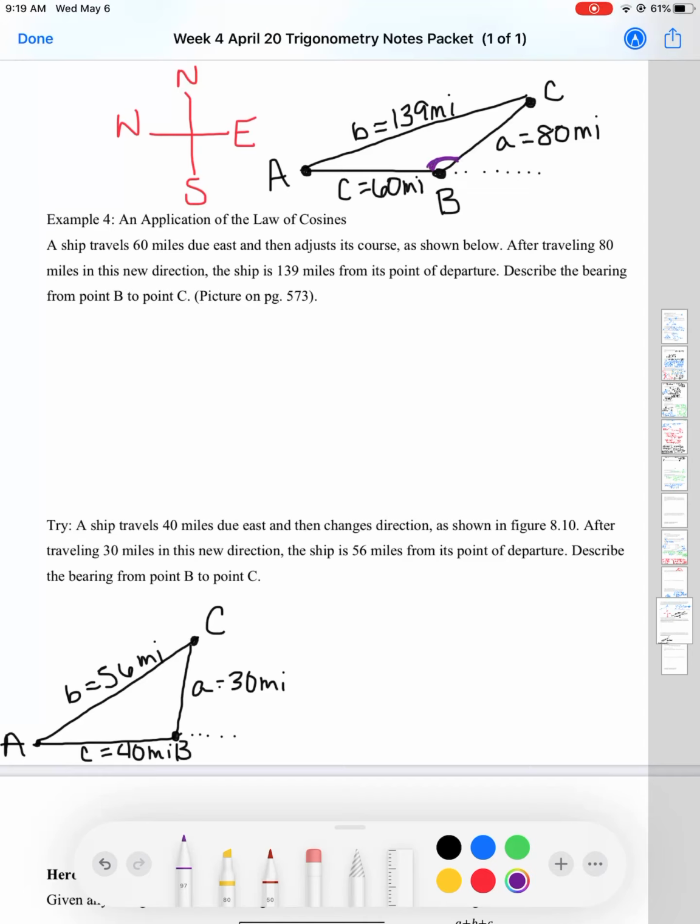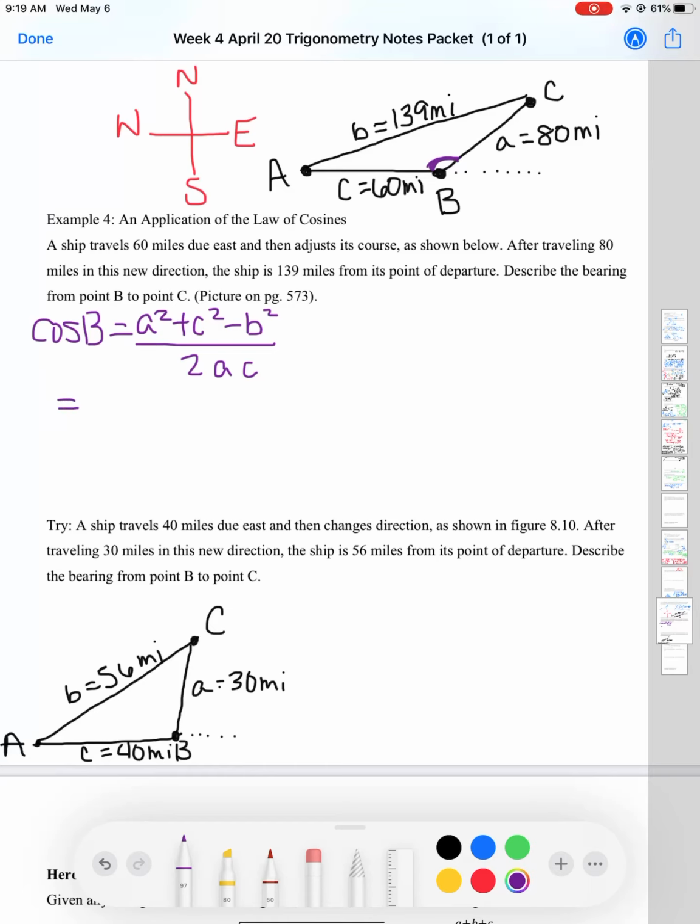And since we have a case SSS, we're going to want to use law of cosines. Not just because we're in the law of cosine section, but because for cases SSS, that's what we have to use. So cosine B is equal to a squared plus c squared minus b squared over 2ac.